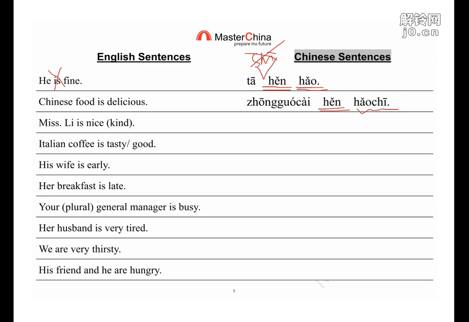You can say super delicious. Later you can use that word. But anyway, now you must use 很. 中国菜很好吃. Okay, so I gave you these two samples of the statement. Please just finish the rest yourself. On the next page, that's the answer. I hope that you can do it yourself first, then check.